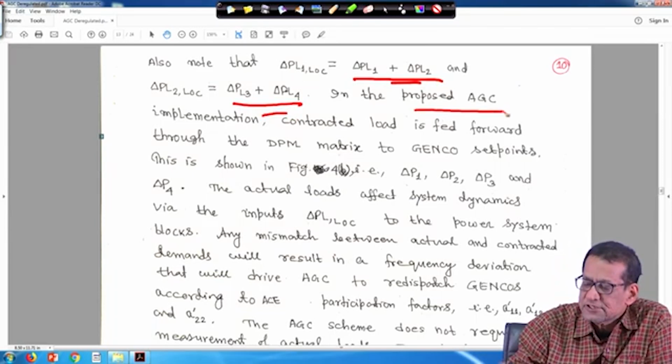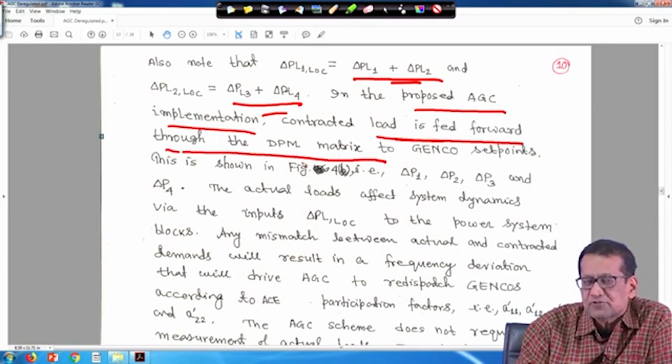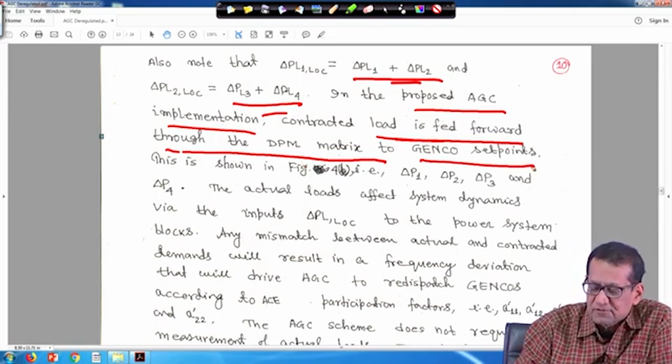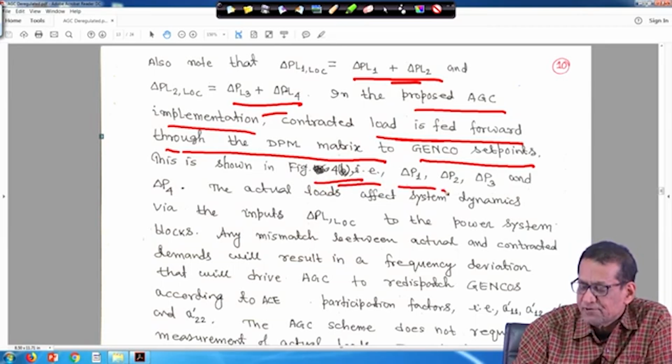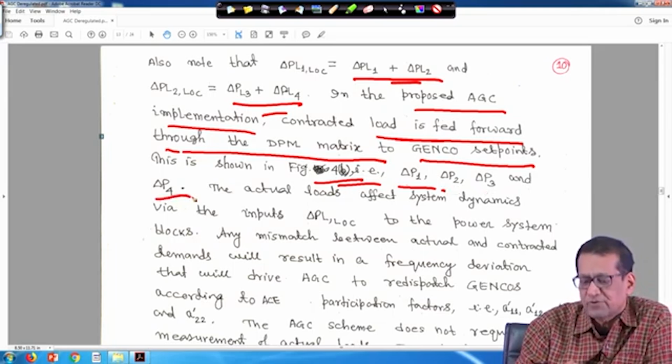So, in the proposed AGC implementation, contacted load is fed forward through the DPM matrix, that is the disco participation matrix, to GENCO set points, as I told you. This is shown in figure 4b, I showed you just now figure 4b. So, delta PL, P1, P2, P3 and delta P4, I just showed you the diagram, figure 4b.